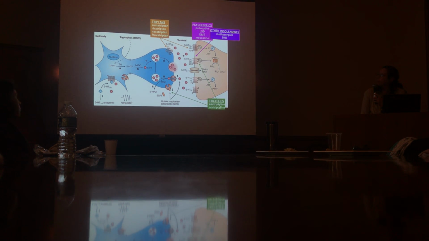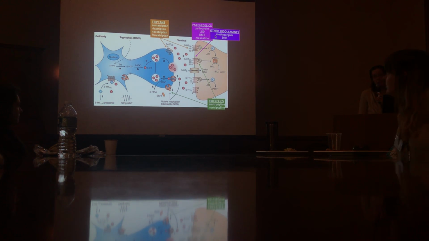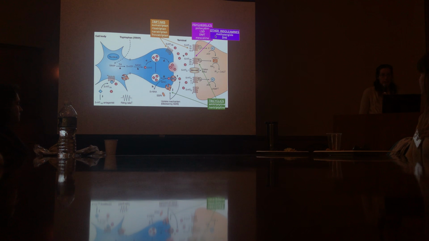Psychedelics and other indolamines like methysergide or DHE, that are not classically thought of as psychedelics, but at a high enough dose might be, all work on serotonin 2A. So all of these medications that are used to manage headache disorders are working on the same system. So it's not outside the realm of possibility that psilocybin or LSD could have anti-headache effects, because the drugs that are like it work on the same receptor, and drugs that also help headache are working in the same system.